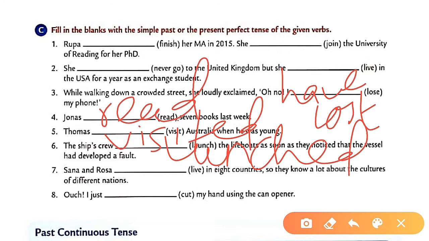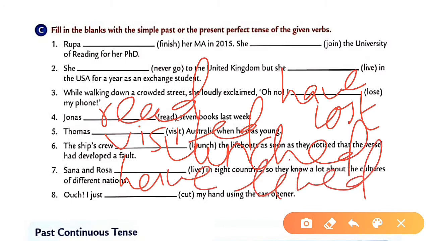Sana and Rosa have lived in 8 countries, so they know a lot about the cultures of different nations. Have lived. Next, number 8. Ouch, I just cut my hand using the can opener. So it is also simple past tense, but cut has only the same form, cut.